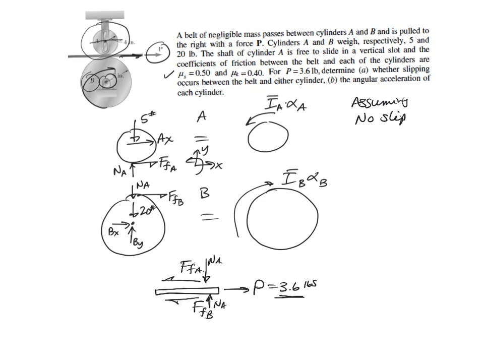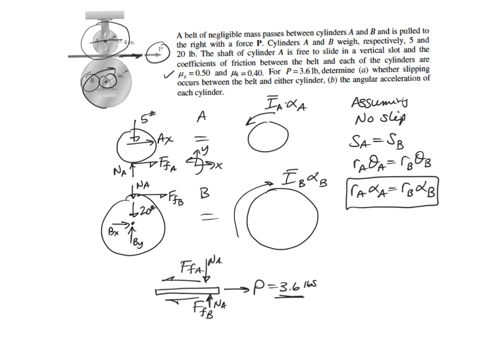And if we do that, then we would have that SA equals SB, which would mean that RA theta A would have to equal RB theta B, which means RA alpha A equals RB alpha B. So that'll end up being an equation that we assume, and then we end up checking to see if we've met that assumption or not. So again, that's coming up in class.